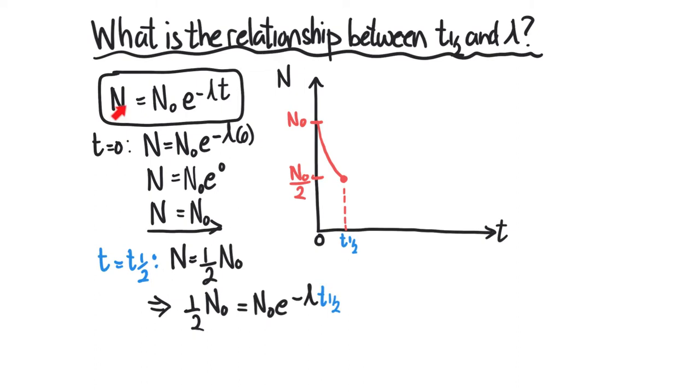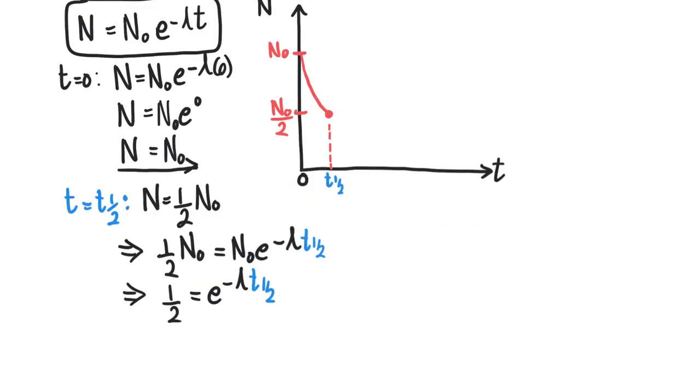Using the equation N equals N0 e to the minus lambda t, at T1/2, N is going to equal half N0. So we land up with this equation: a half N0 equals N0 e to the minus lambda T1/2.